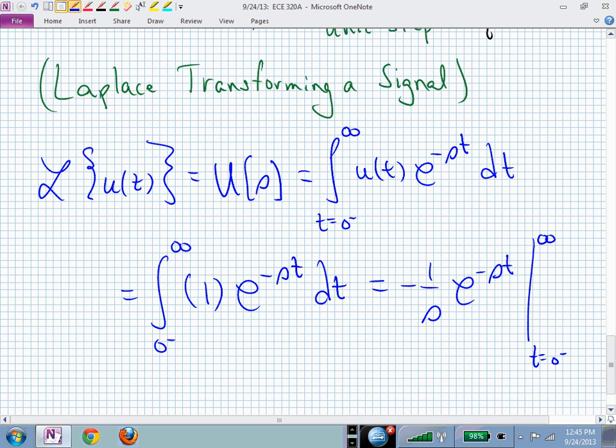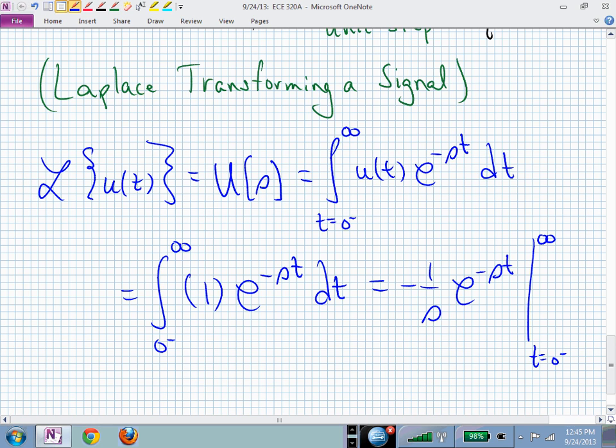So if you needed to integrate e to the x, it would be e to the x. But now x is a little bit more involved. It's some scalar times t, where t is now our variable of integration. If you did it the hard way or the long way, you would change the variable to x, and then push that through, and that puts this minus 1 over s out in front of e to the minus st, effectively.